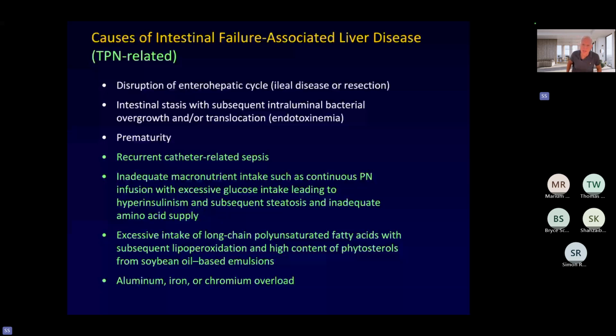The causes of intestinal failure associated liver disease, again, TPN related, is shown in green. I'll have more to say about this on Wednesday.